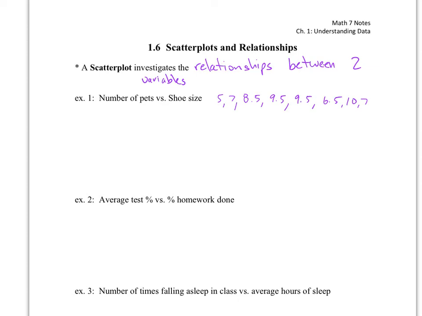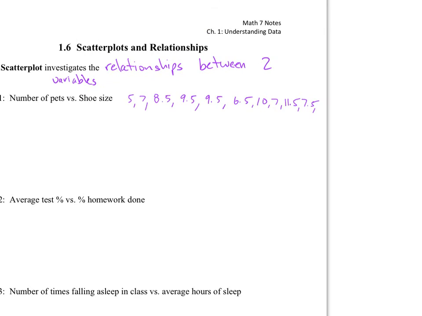Oh. What's your shoe size? Oh, 11 and a half. I'm going to run out of space. 7 and a half. I didn't know I didn't have to write them. I was writing 9. 7 and a half.